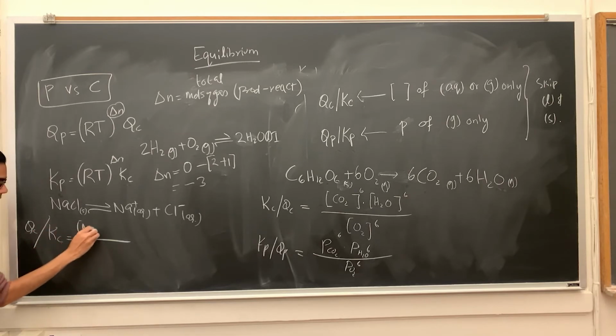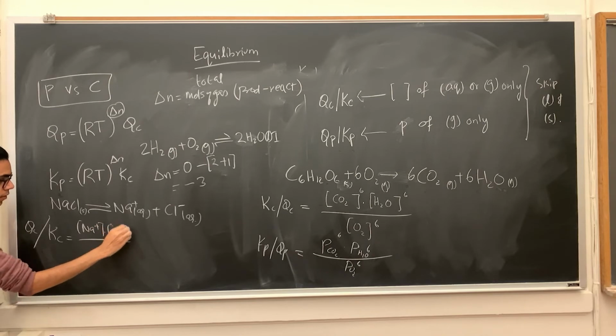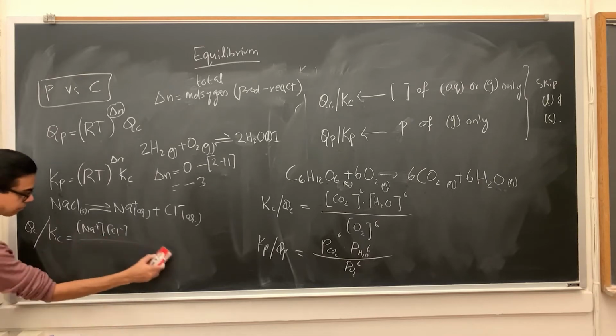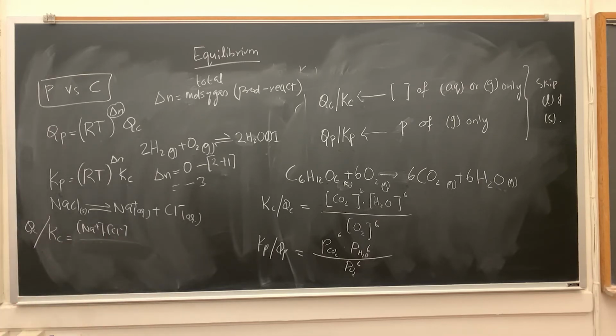Na plus to the power of 1, Cl minus to the power of 1. That's it, right? Is Qp or Kp applicable here? Nope. No gases. This is dissolution, right?